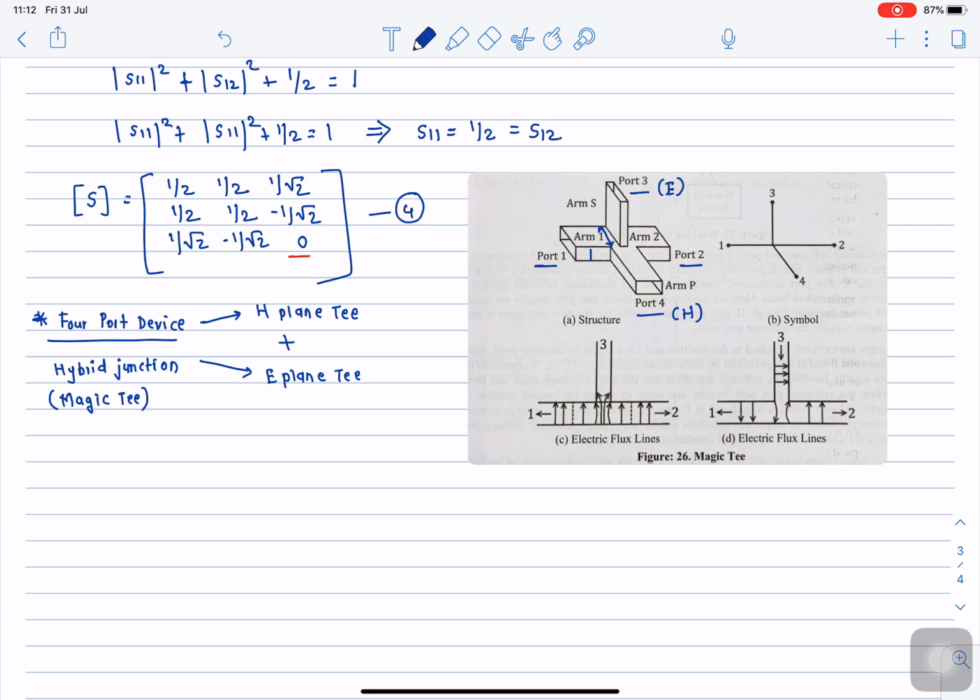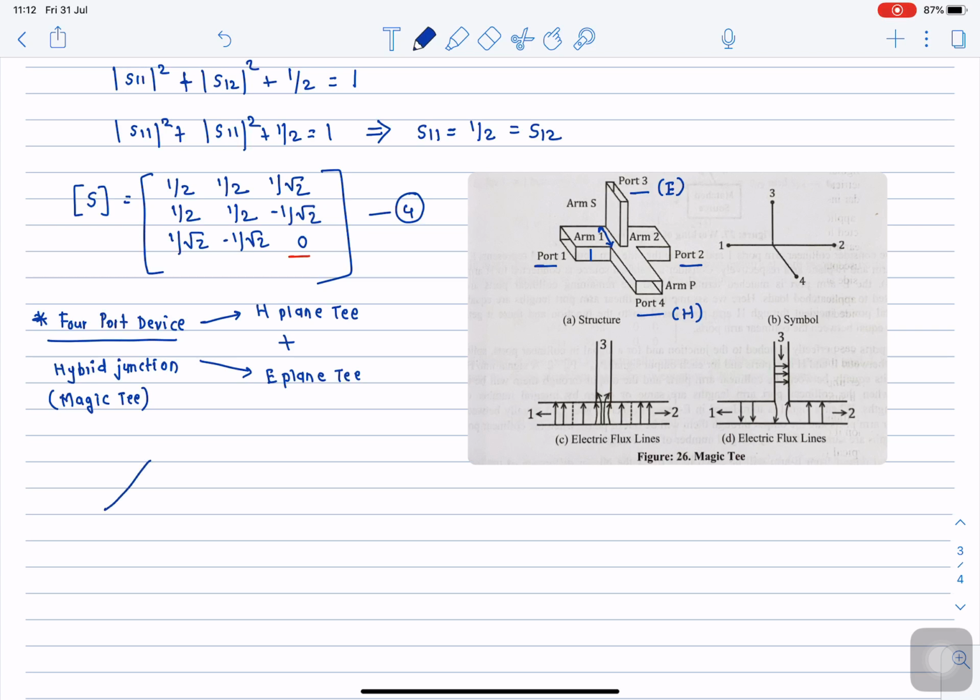So here we already know that this is the rectangular waveguide, this is the width, and this is the typical height. And we already know the relationship: width is greater than height.